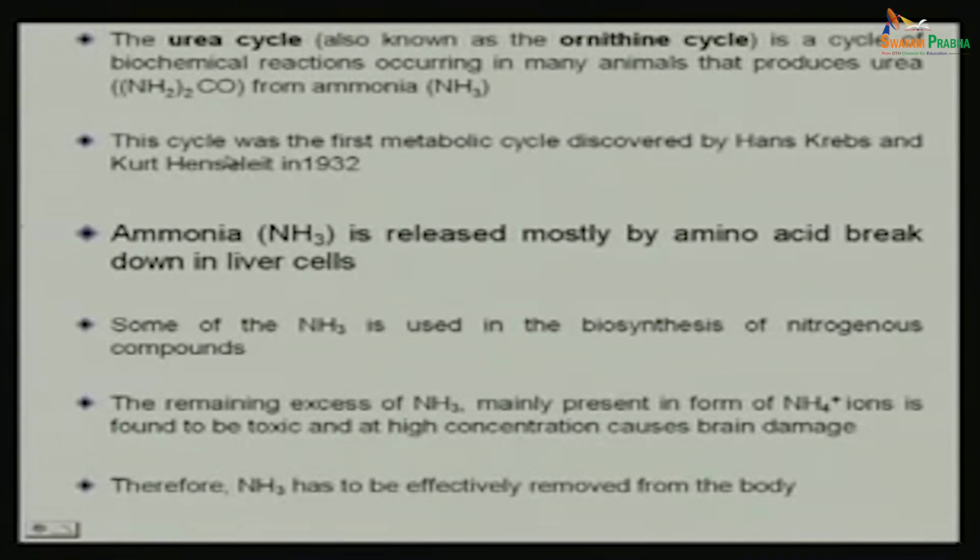This cycle is the first metabolic cycle discovered, by Hans Krebs and Karl Henseleit in 1932. In this particular cycle, we will be seeing how urea is produced in the living system.